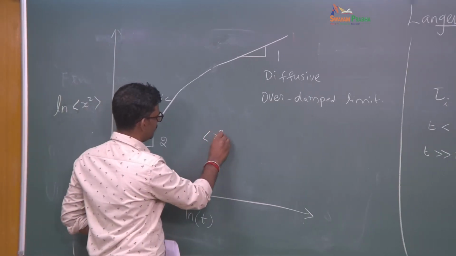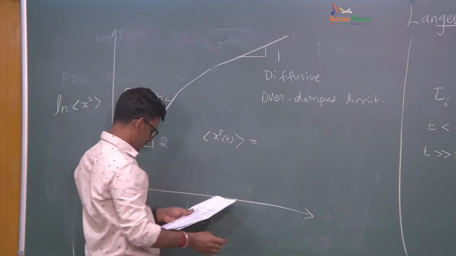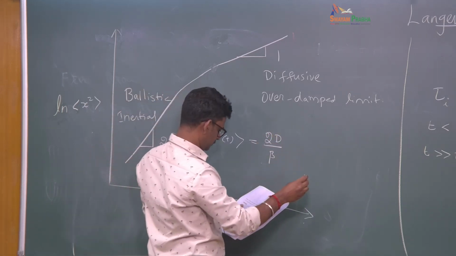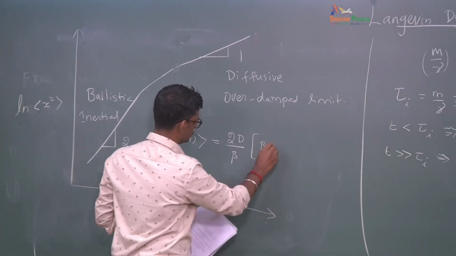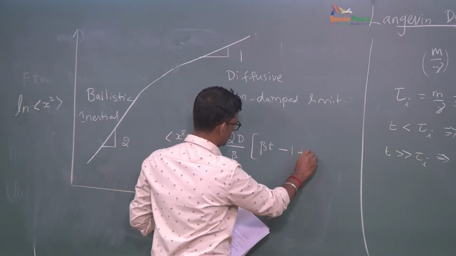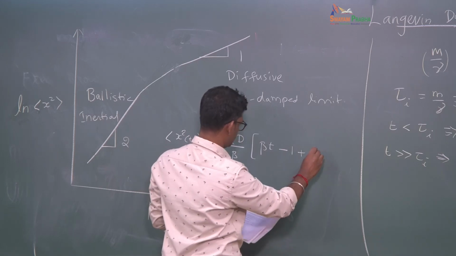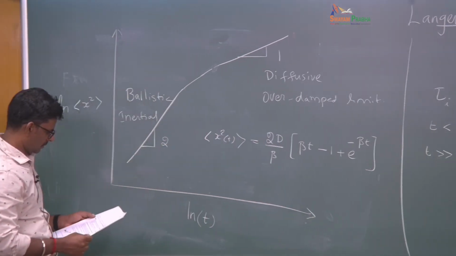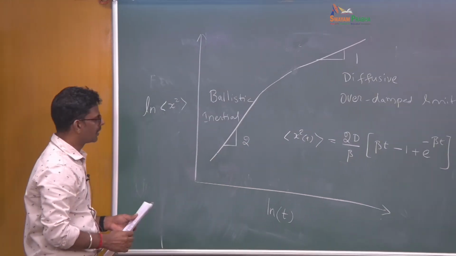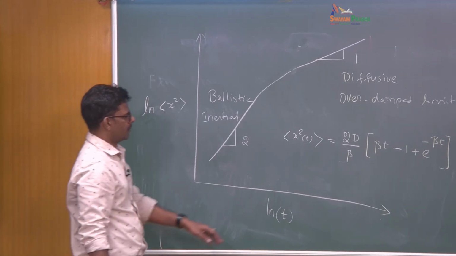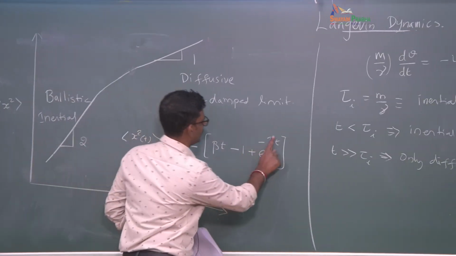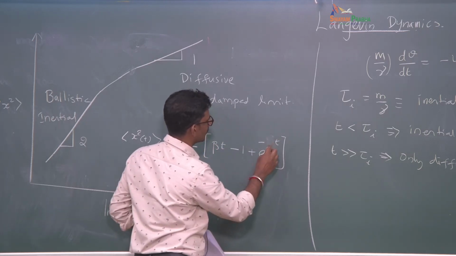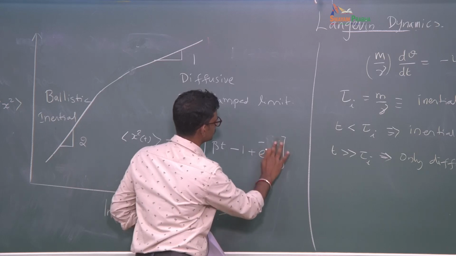He gives this x square as a function of t as the following. Maybe I can replace beta with 1 by tau.